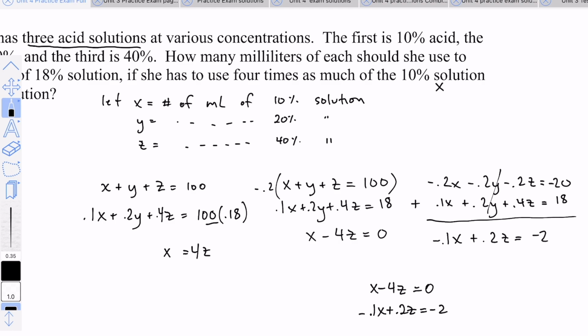And solve for one of the variables. So we need to get opposite coefficients either on x or on z. So what I'm going to do is just multiply this equation by 10, because that's going to move the decimal one to the right, and then change that to negative 20.